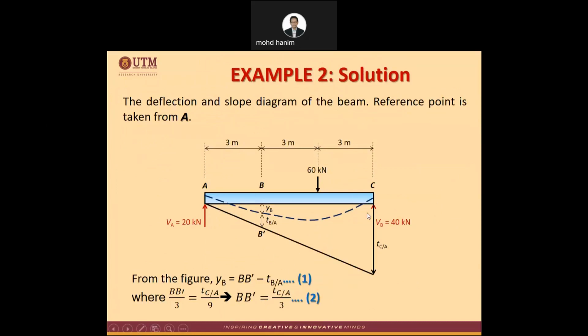You remember, if we use double integration, unit load method, Macaulay method, we don't have to sketch this slope or elastic curve. But for this moment area method, we have to sketch first, because from this sketch we can develop the mathematical relationship between YB and TBA.